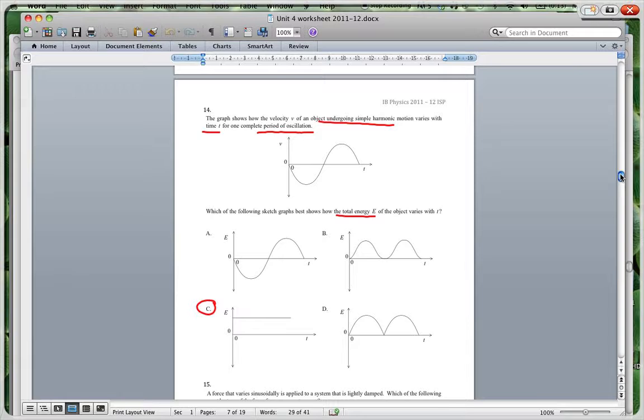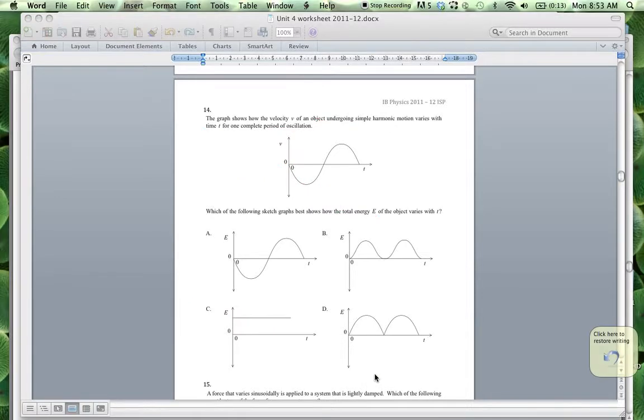This would be C. Because it's undergoing simple harmonic motion, it seems like it's undamped, so the total energy would be constant. At this point over here, your E total is equal to your potential energy, because it's got zero velocity. At this point over here, all the energy would be kinetic energy, and there would be no potential energy. So those vary, but the total energy would just be a straight line like that.